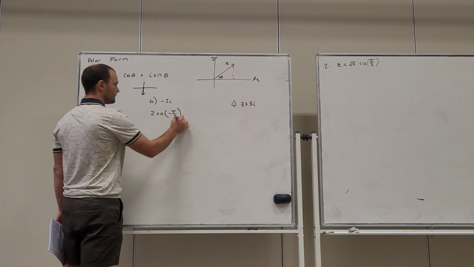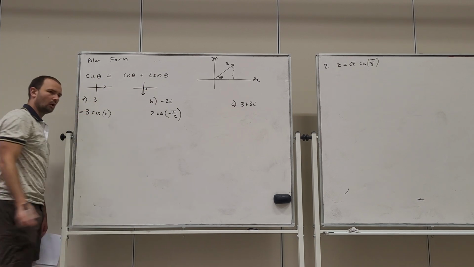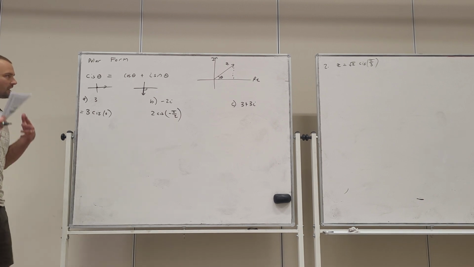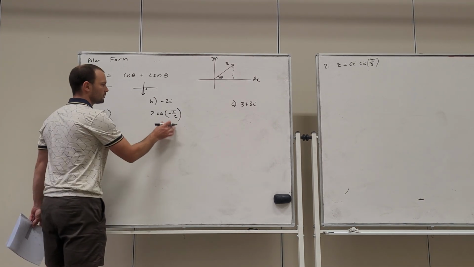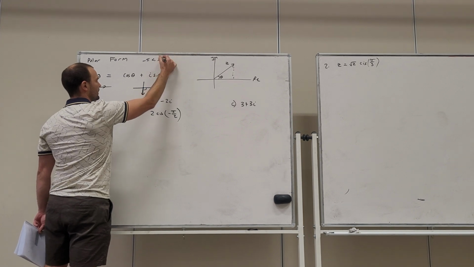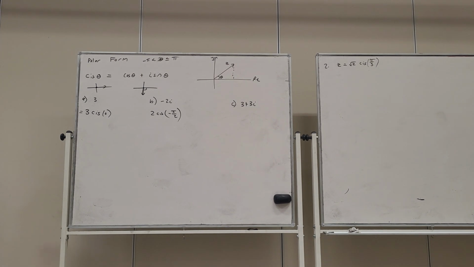Minus pi on 2, we've gone pi on 2 units back this way. Or you could express it as positive 3 pi on 2. But generally we do try and express angles between minus pi and positive pi. So we've got 2 cis of negative pi on 2.